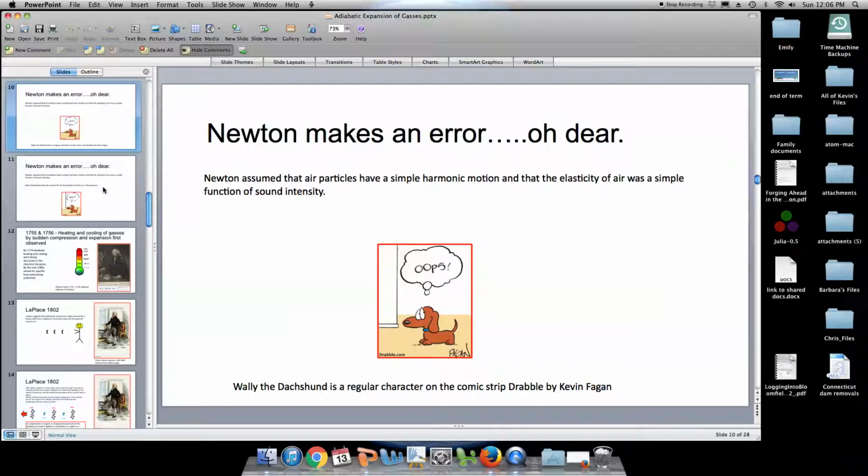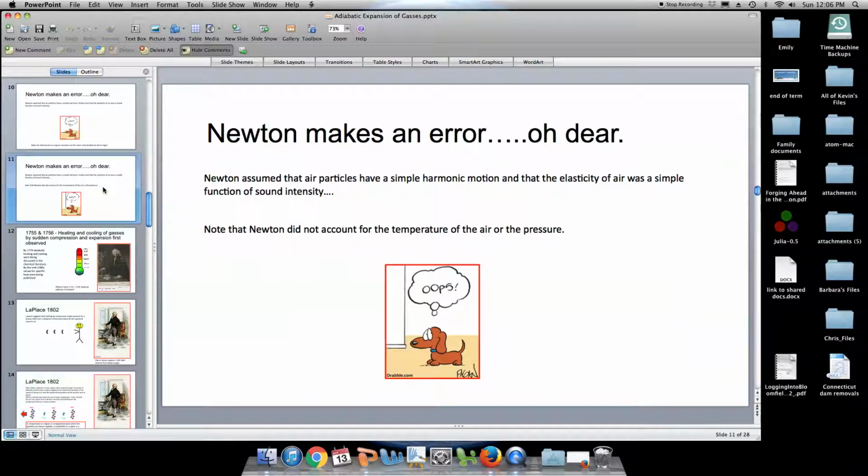At this moment in history, the 1680s, people knew that sound was the transmission of a wave through the air. Now, Newton, of course, was working well before the atomic theory, but he thought that the air consisted of air particles. Now, you have an air particle with a certain diameter, and you have the distance between two air particles at some multiple of that diameter. So now you're going to have a sound wave travel through the air.